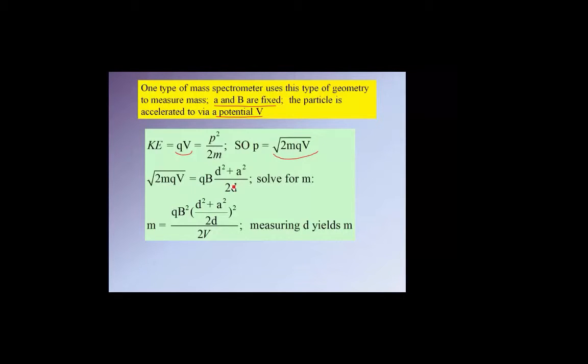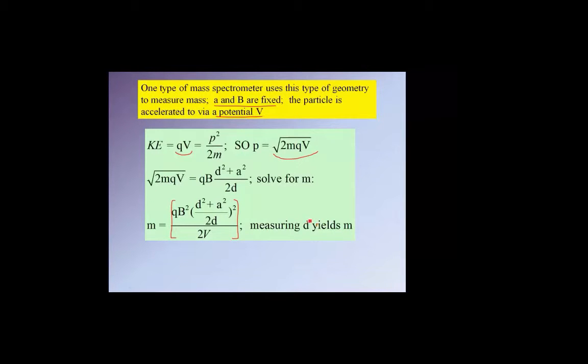Since we're looking for a way to measure mass, we solve for m, and it's right here. So it's a little messy, but realize that it has all the parameters that you can measure. So you have qB squared, the deflection appears here, the voltage that you apply to accelerate the charge is here. So measuring d yields the mass of this particle.